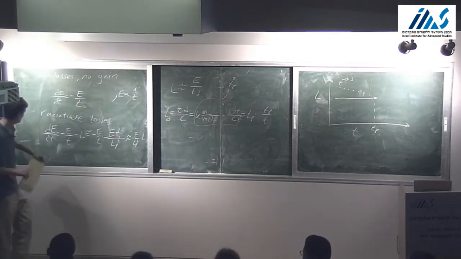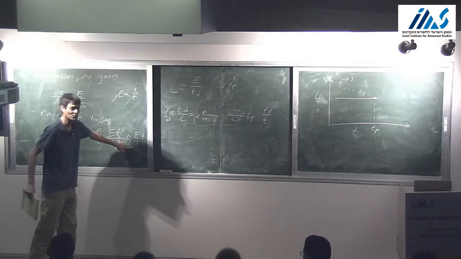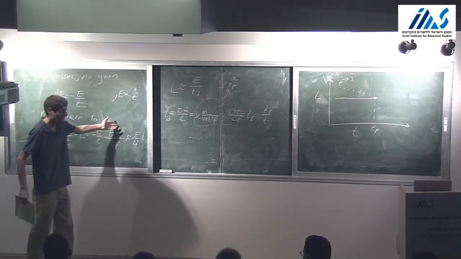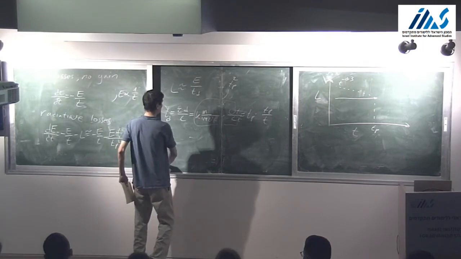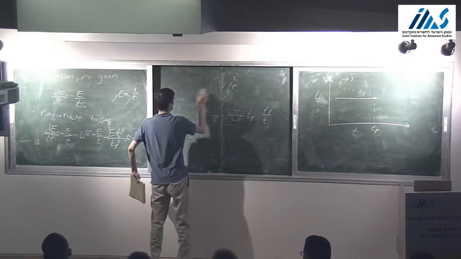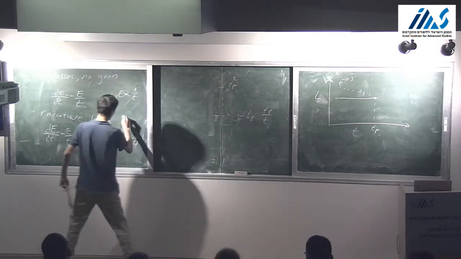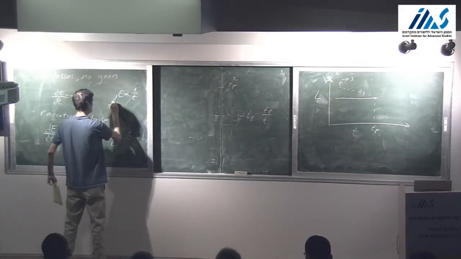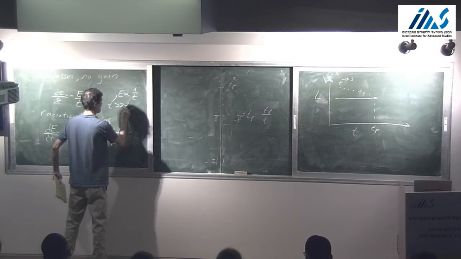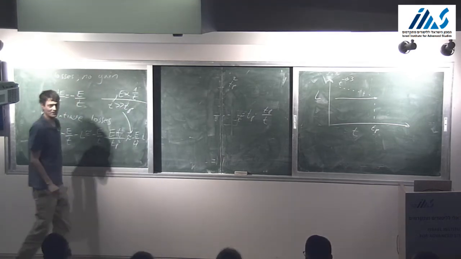So this is the equation: dE/dt is roughly minus E times t divided by tp squared. This equation is easy to solve. And what we get is at late time, t much larger than t peak.